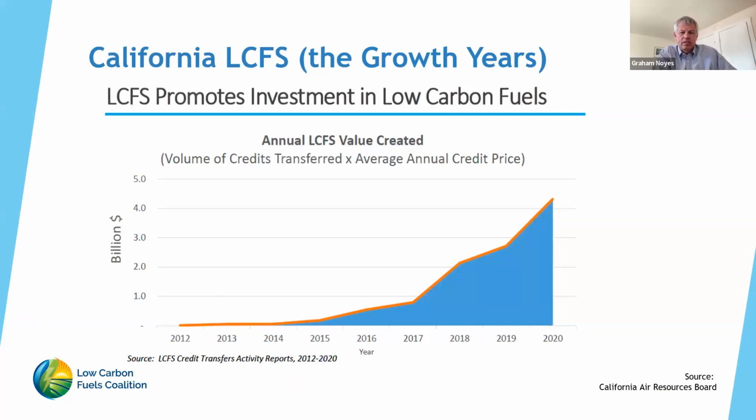So just looking at this, and this is familiar, these were the growth years you can see here in terms of the credit generation and the corresponding value of the program, getting us up above $10 billion in total credit value, which is really a tremendous achievement of the program with that very strong growth curve.